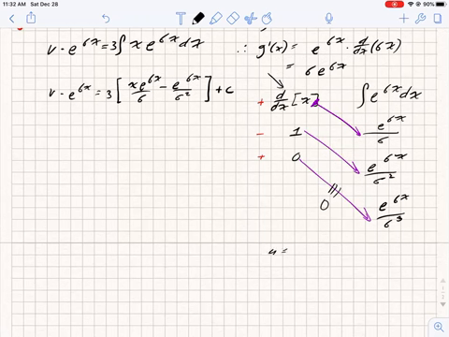So we let u equal x, dv equal e to the 6x, and du is equal to dx, and v is equal to e to the 6x over 6. We do our cross. x e to the 6x over 6 minus, this is uv minus integral of v du.